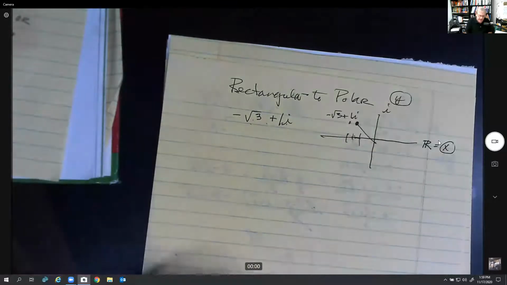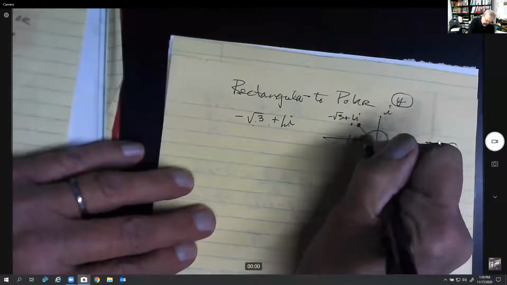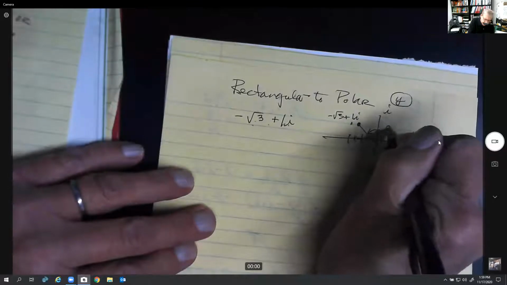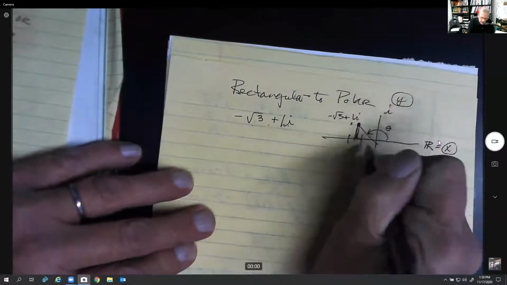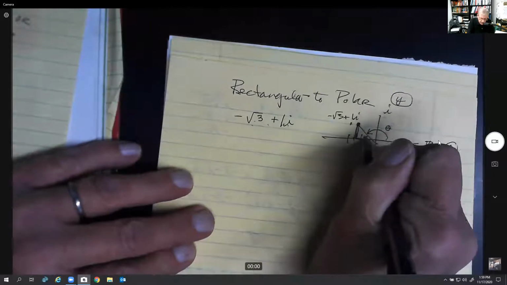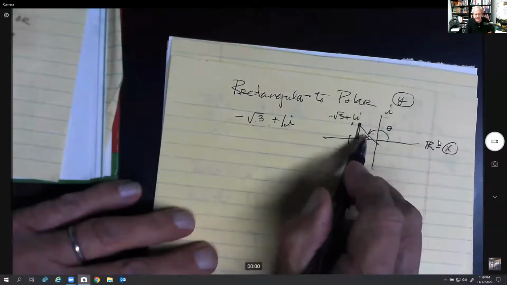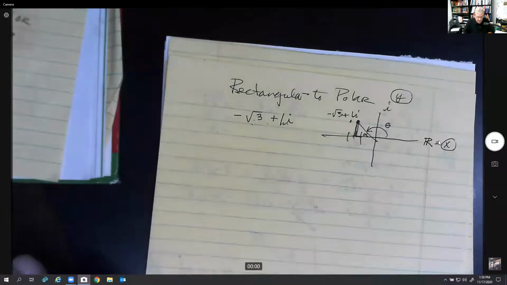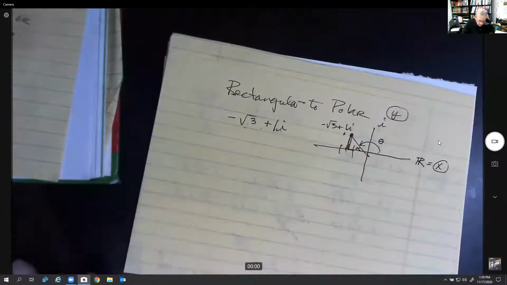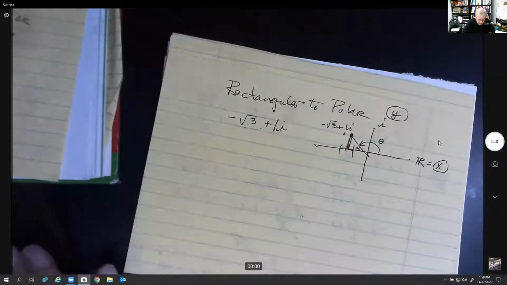The reason we sketch this is because we want to look at this angle right here. Of course, we're projecting this down. So we have an angle inside here we're calling alpha, but this is the main one we're looking at, this angle right here. This is kind of a small graph, I should have made it a little bit bigger.